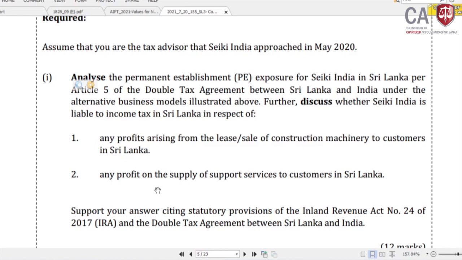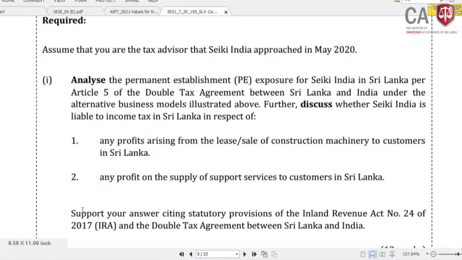Again, it has said to support your answer with the provisions of the Inland Revenue Act and the double taxation treaty. You have to amalgamate both and write the answer for the 12 marks.